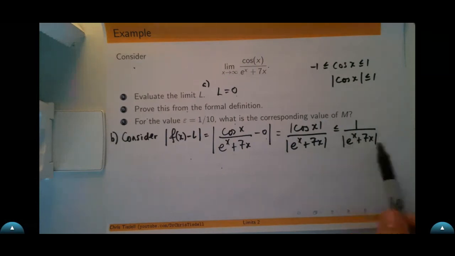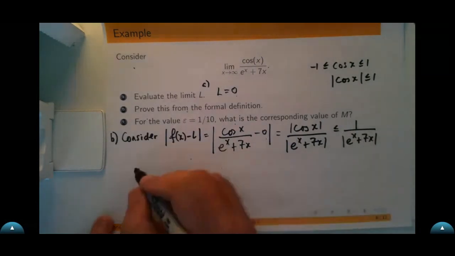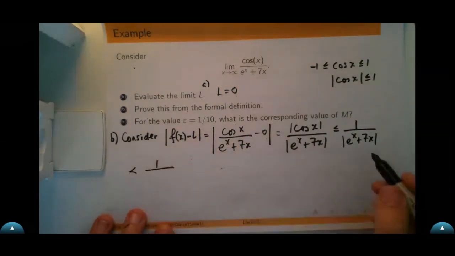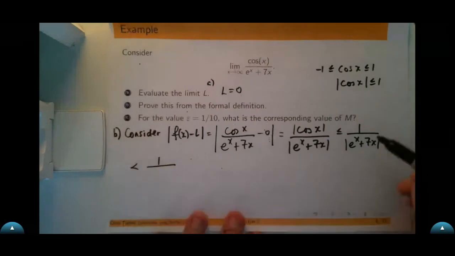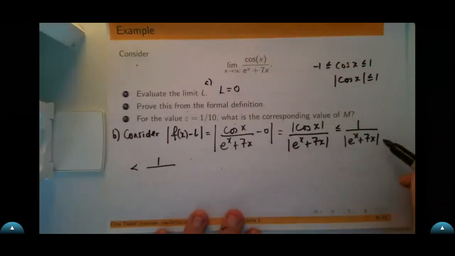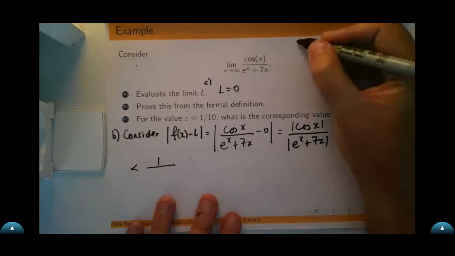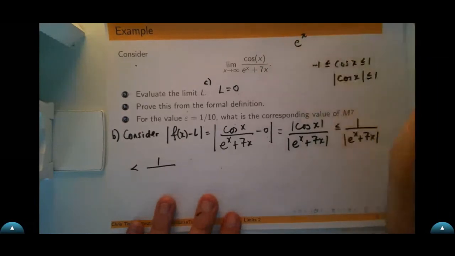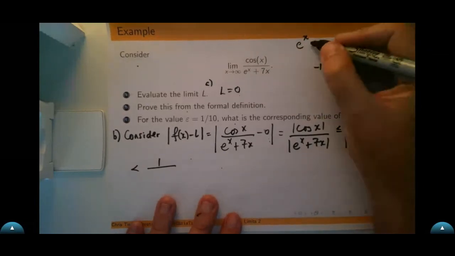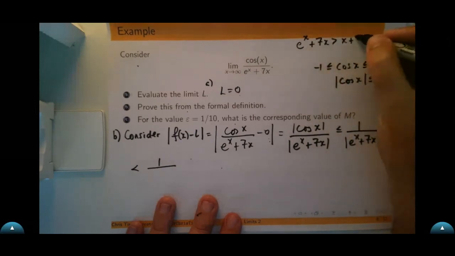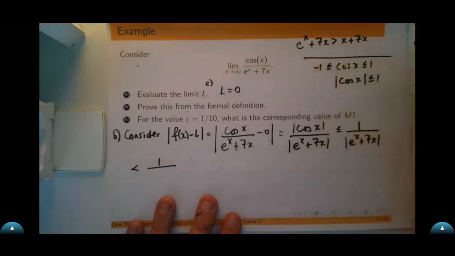Now, can we simplify this bottom bit? Well, we can. I'll go down here. And one way to do it is to say, okay, well, the e to the x is complicated. The 7x is pretty simple. I know that e to the x is always bigger than something like this.